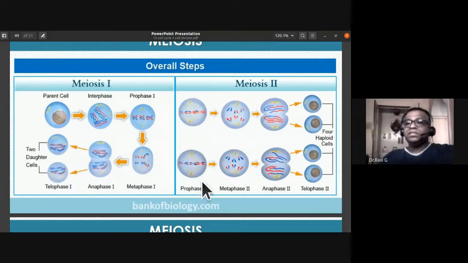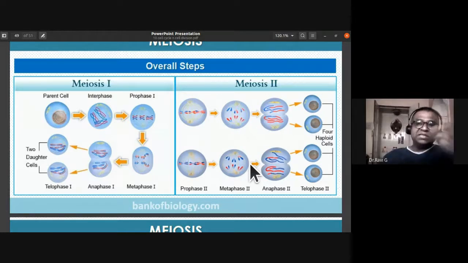So they undergo metaphase 2, wherein the chromosomes are arranged on the equatorial plate, and the spindle fibers are attached to both the ends of the centromere, and there is a longitudinal splitting up of the centromere and the separation of sister chromatids, which move towards the opposite poles during anaphase.